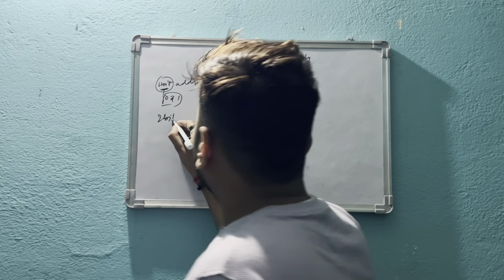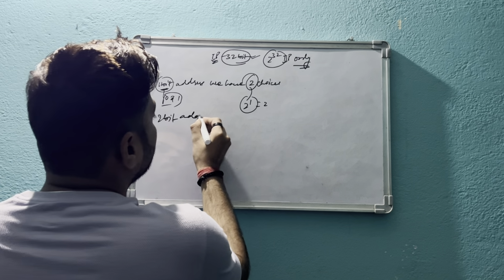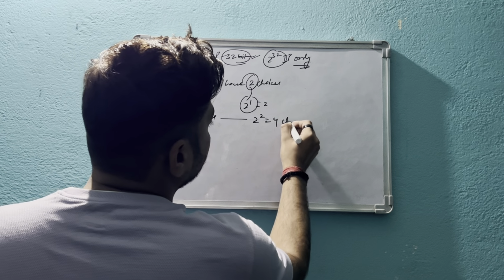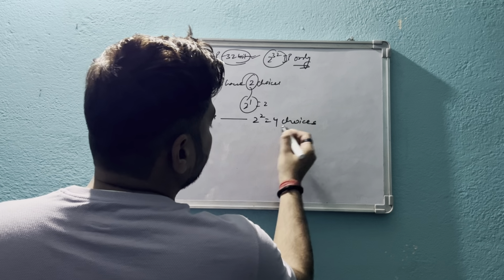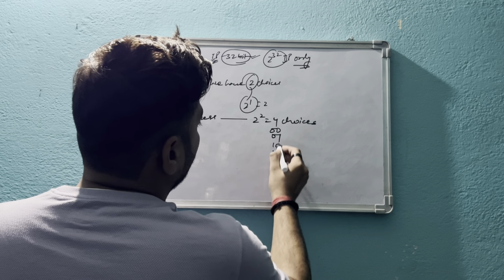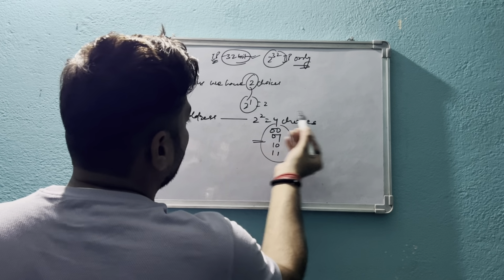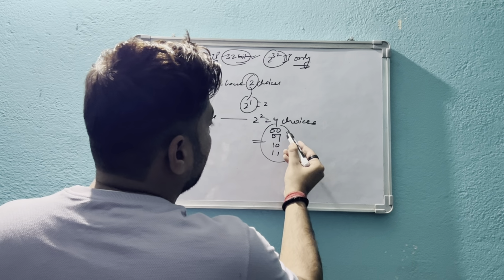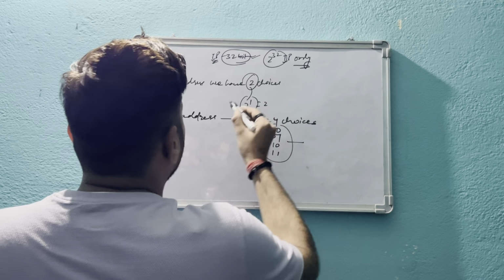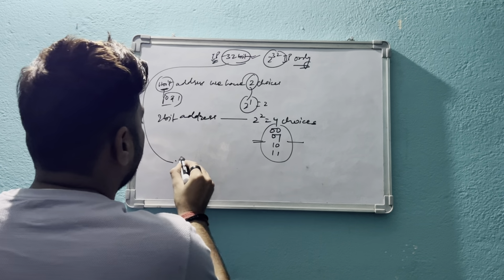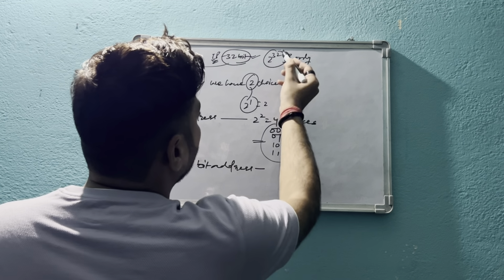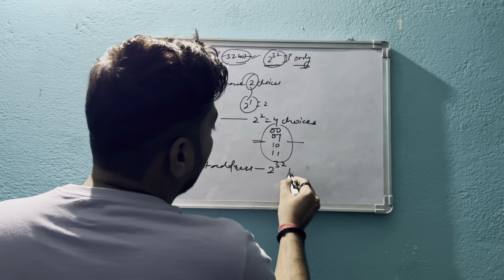Similarly, from a 2 bit address we have 2 to the power 2, that is 4 choices, and the 4 choices can simply be represented as 00, 01, 10 and 11. So these are the 4 choices we have with 2 bit addresses. These choices can be considered as IPs only. So similarly with 32 bit of address we have a choice of 2 to the power 32 IPs.